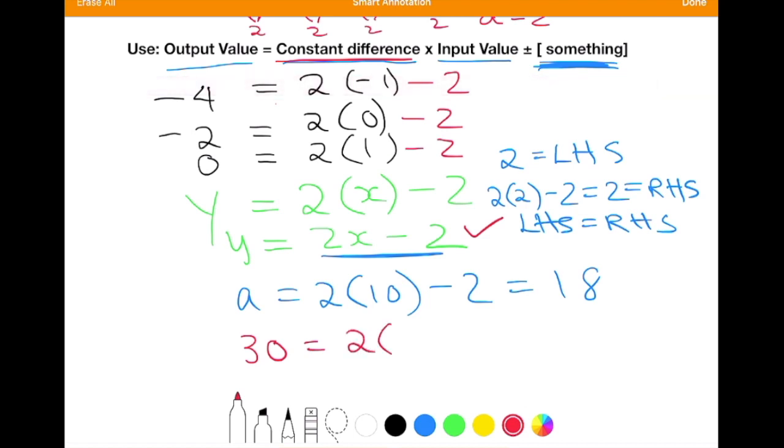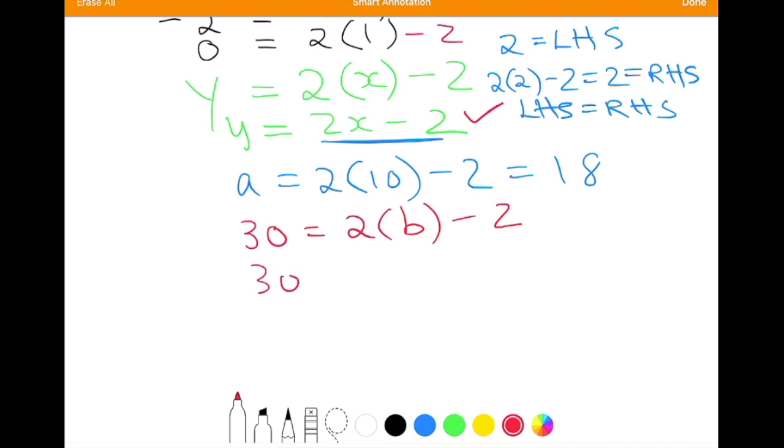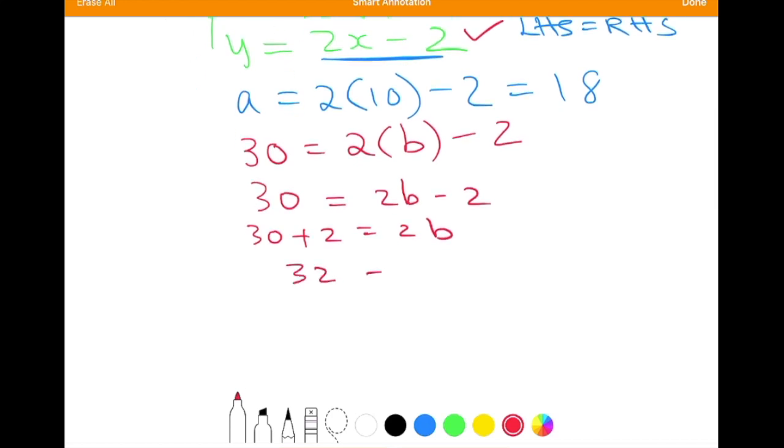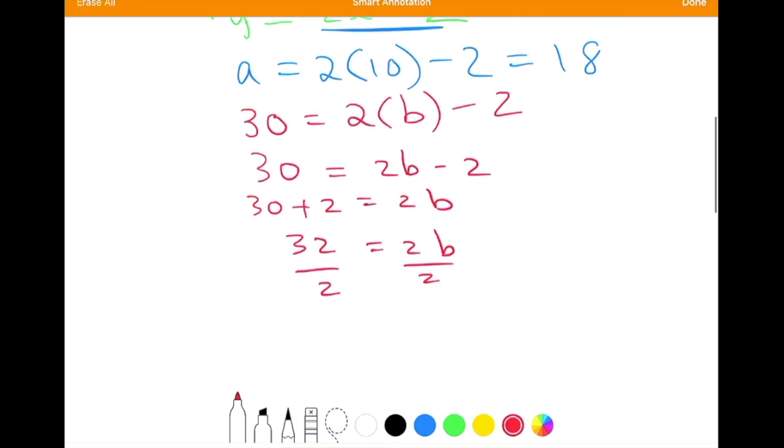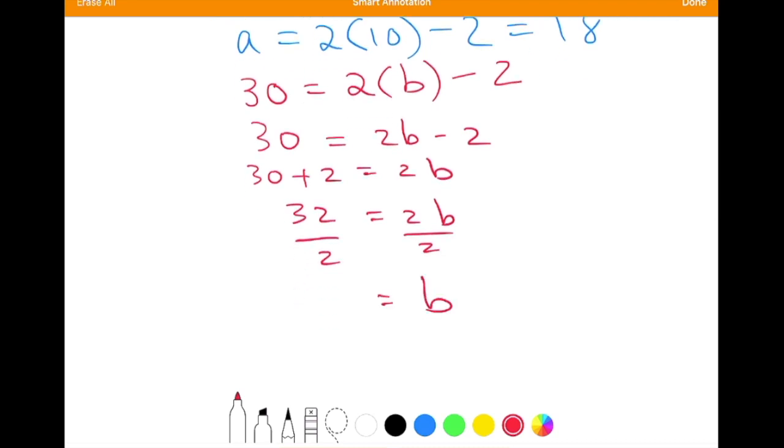And where there is x, we now put b. Then we solve that equation for b. This will give us 30 equals 2b minus 2. I'll move the negative 2 to the other side, so that becomes 30 plus 2 is equal to 2b. And if you solve that, you should get b is equal to 16.